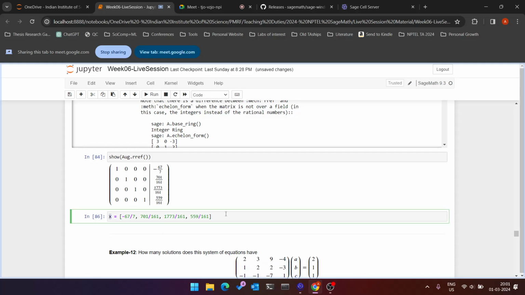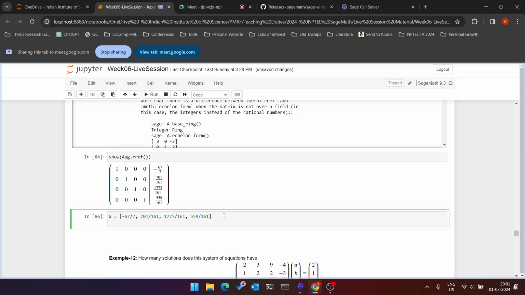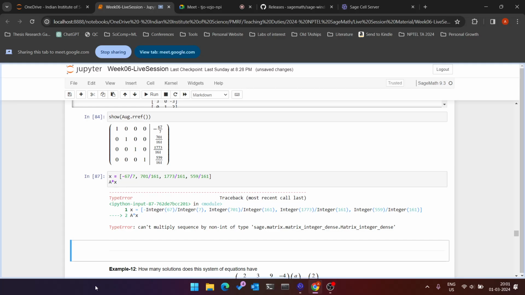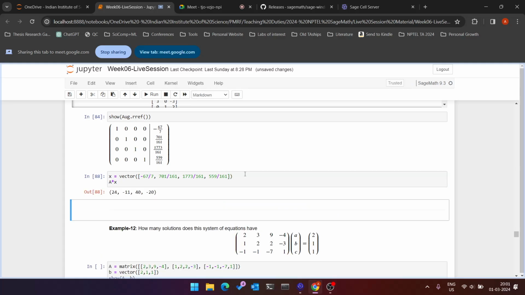Then I have to put a vector here. So this is what I get, Ax. This is indeed equal to B that we have seen. Right.